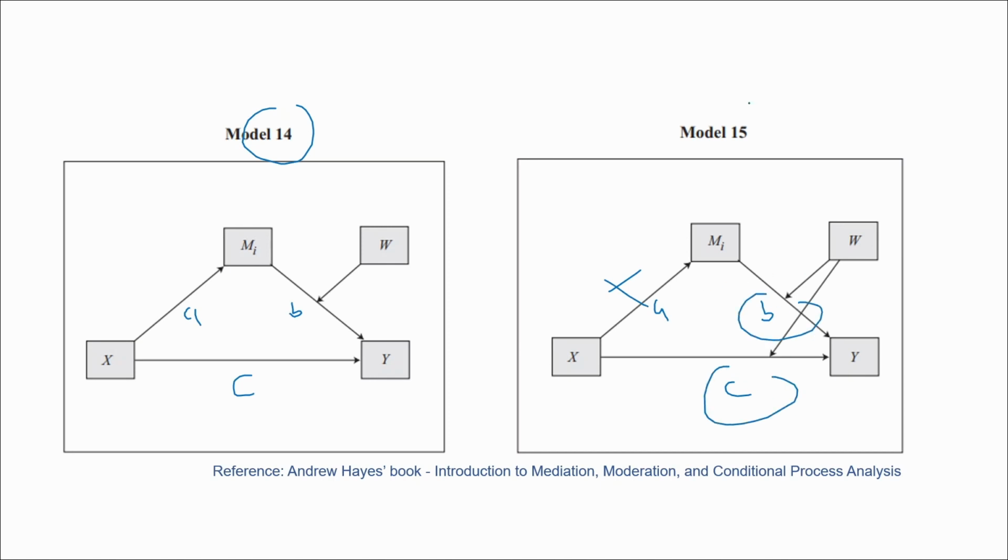In this case, you are going to use model 15. There are other types of models as well. This book provides a lot of different model types. So that means there are other types of moderated mediation. I would recommend that if you would like to learn more about moderated mediation, definitely check out this book. So I think that's it.